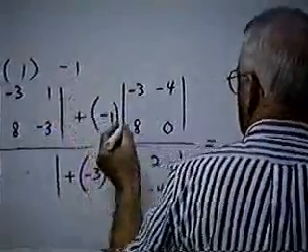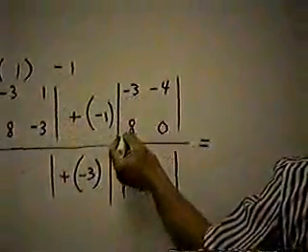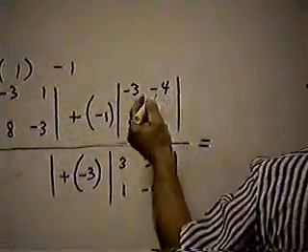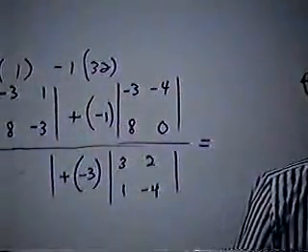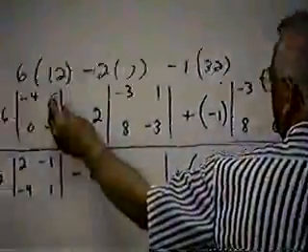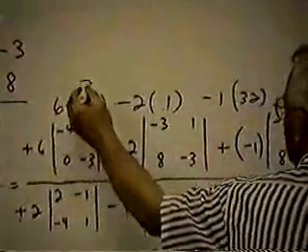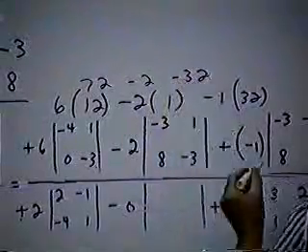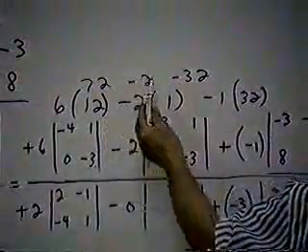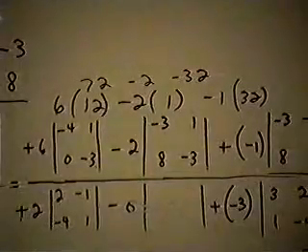And here I have a minus 1 times, multiplying down is 0, multiplying up is a minus 32, but I change the sign, so it's a plus 32. And so what do we have on top here? We have 72 minus 2 minus 32. Okay, so that's 70 minus 32, which is 38.